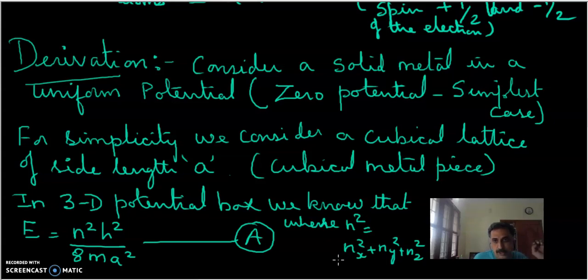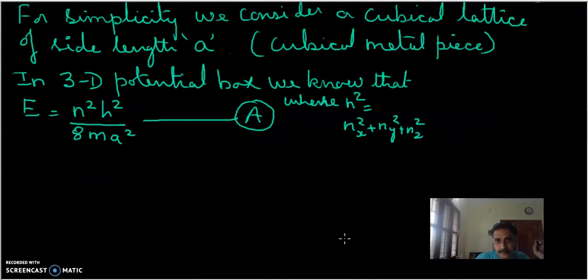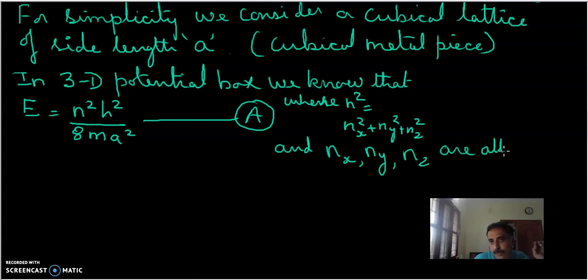So n square is equal to nx square plus ny square plus nz square, and nx, ny, nz are all quantum numbers.